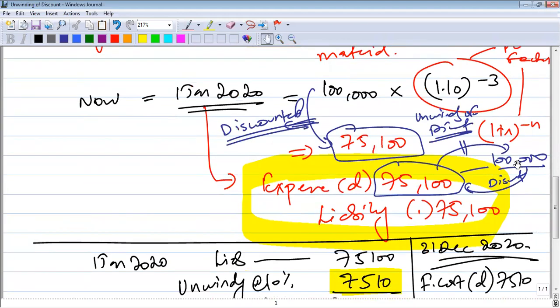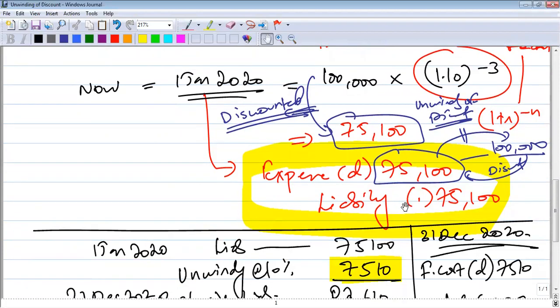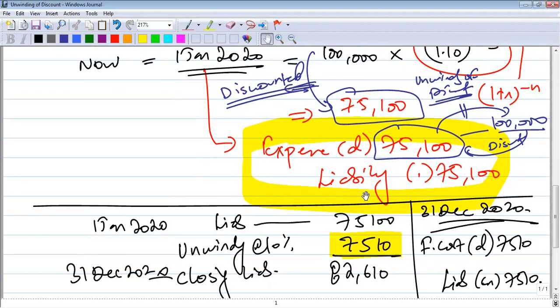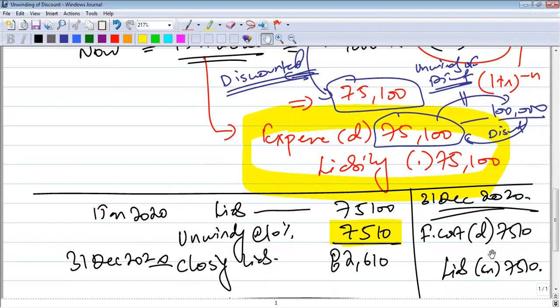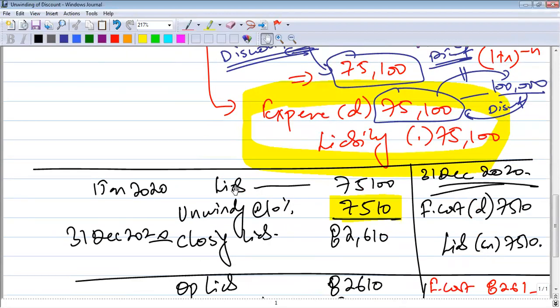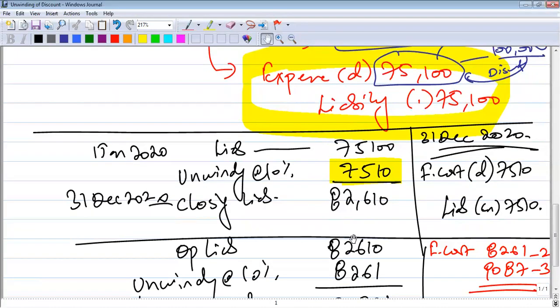The concept of bringing this liability to present value is called discounting. Over a period of time, this discount is reversed, and the reversal of discount is called unwinding of discount. The unwinding of discount is recognized as a finance cost in the profit and loss account. We establish it like this: the opening liability multiplied by the discount rate gives you the unwinding amount. The unwinding amount is added to the liability, and therefore you end up getting the closing liability, and this goes on and on.